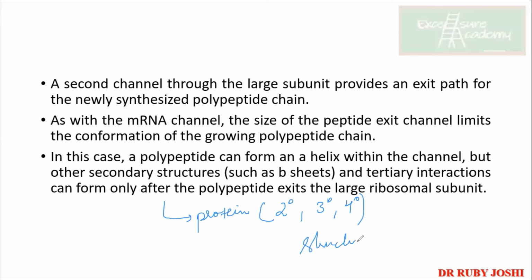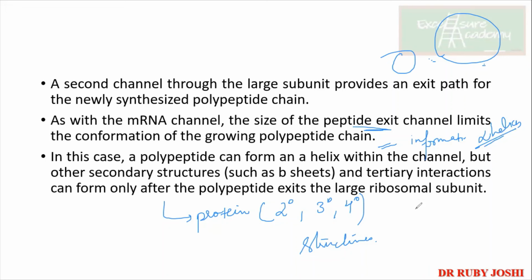Okay. Now, but what it is saying is that in contrast to mRNA entry channel, the exit channel of the peptide chain is wider, more wider. Okay, अगर mRNA का इतना है तो polypeptide chain का इतना ज़्यादा है. Why? Because there are chances that the polypeptide chain is carrying the information for forming alpha helices.